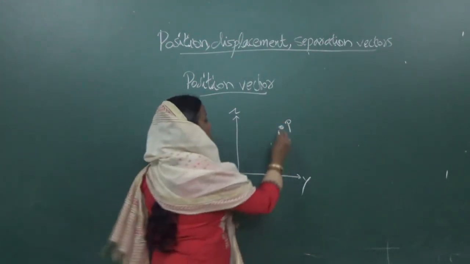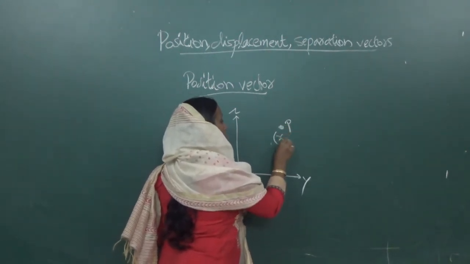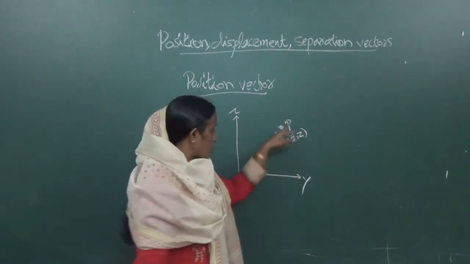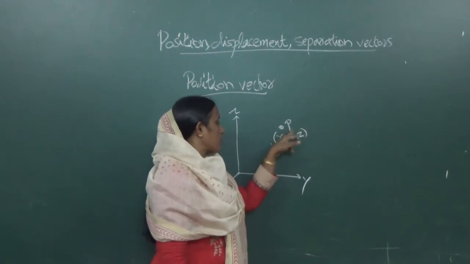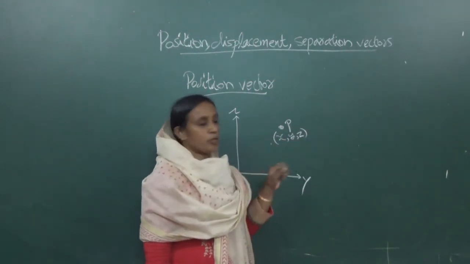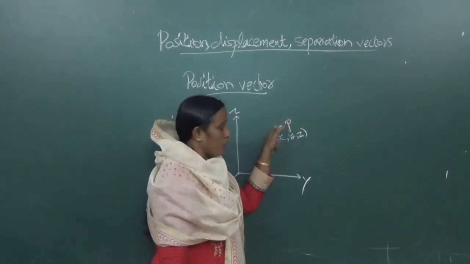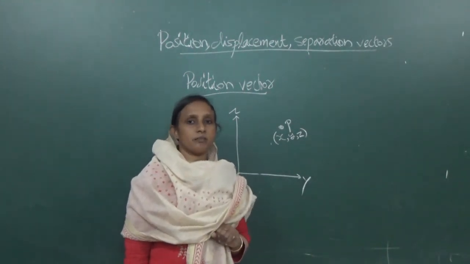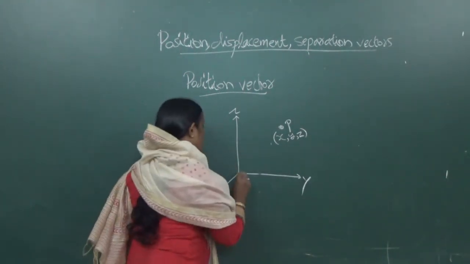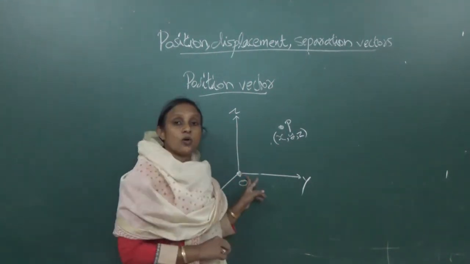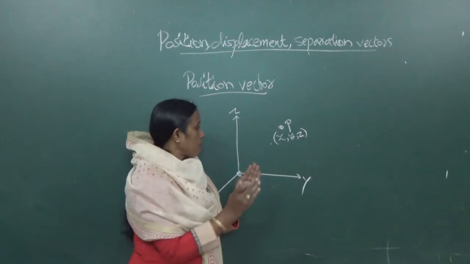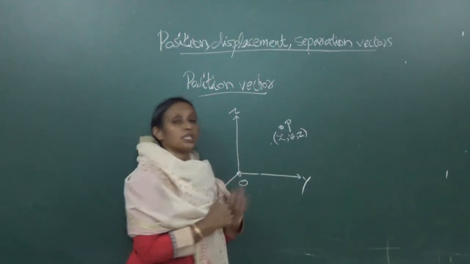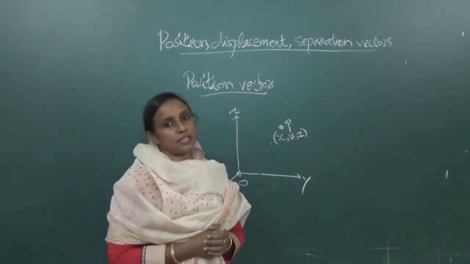You can locate this point P using the three coordinates x, y and z. If this point is in the board, you can represent it keeping x as 0. If it is not in the board, you have all these coordinates x, y and z. This is the origin of the coordinate system, and you can represent the position of the point P with respect to the origin using a vector.